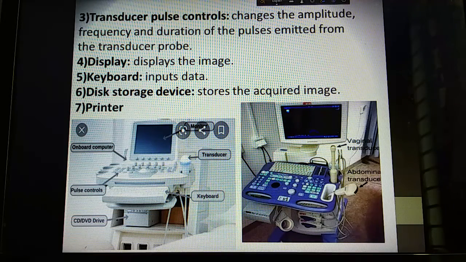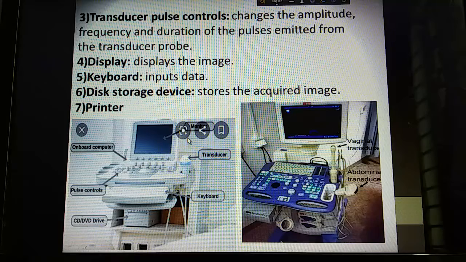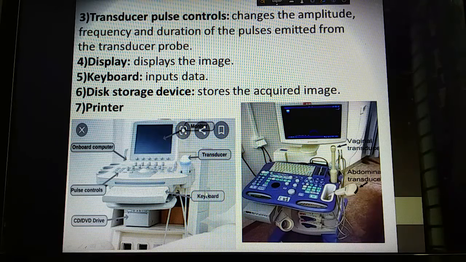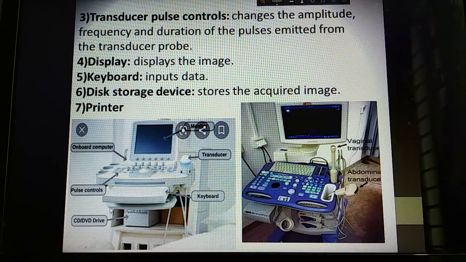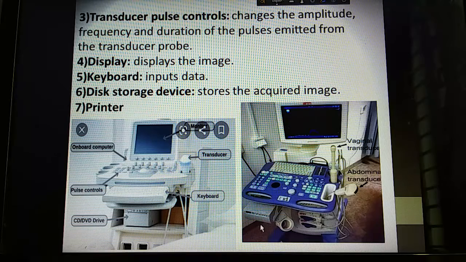Just have a look at the diagram of the ultrasonogram machine. Here are the parts of it: monitor, transducer, keyboard, CD-ROM drive, pulse controls, onboard computer, and beside this another diagram is included here.